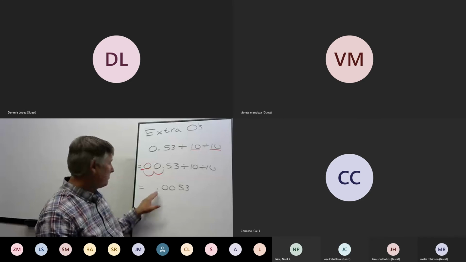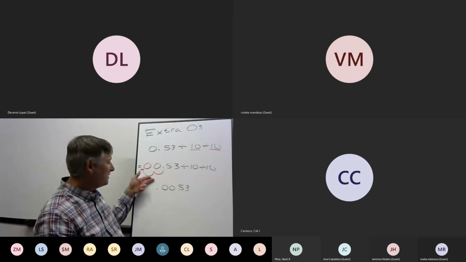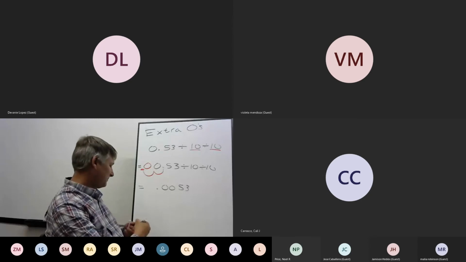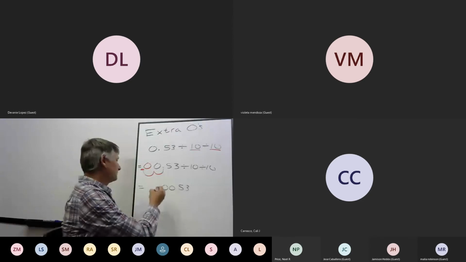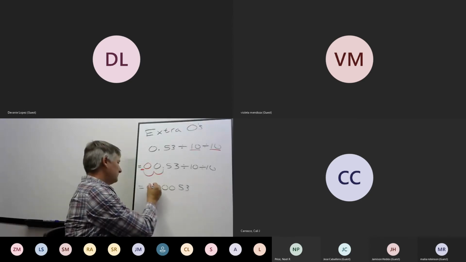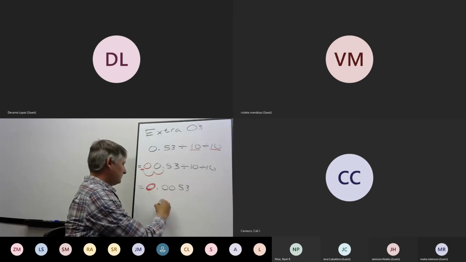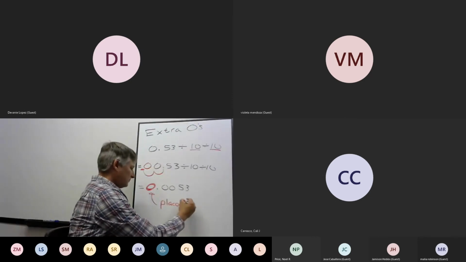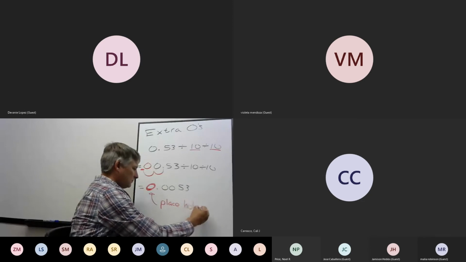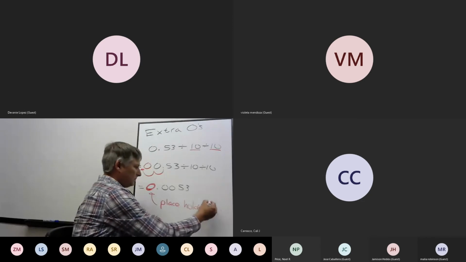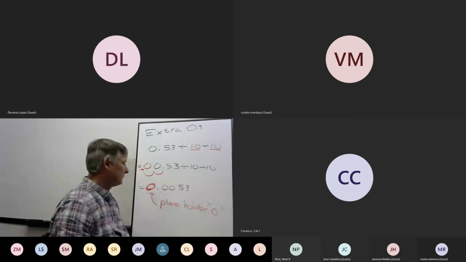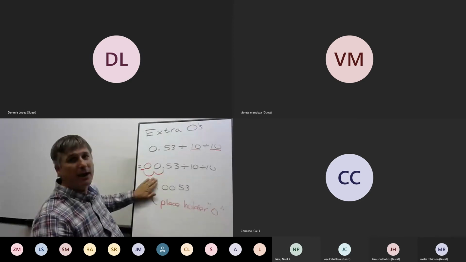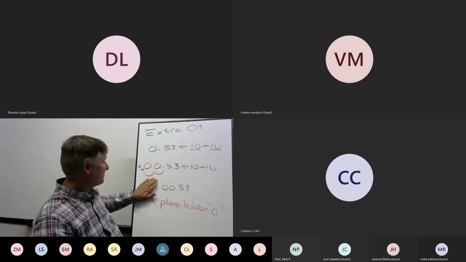In math, if we have a decimal and there's nothing here, we usually put in a placeholder 0. We'll stick one in like that. But technically, this would be correct. That would be okay.